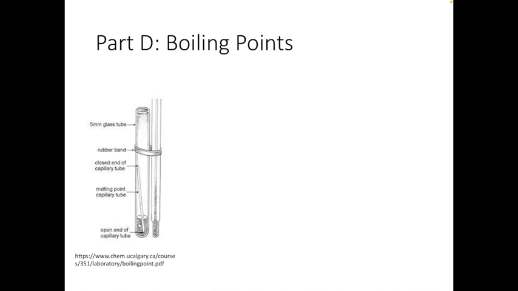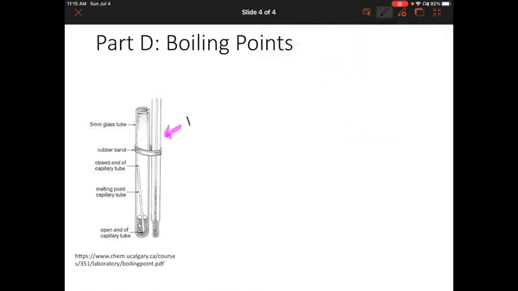So the way that we do this is we connect a thermometer to something called a boiling tube. And this boiling tube is connected to the thermometer using a rubber band.